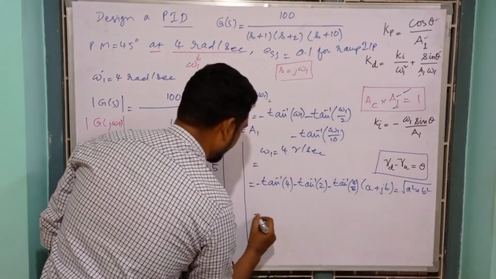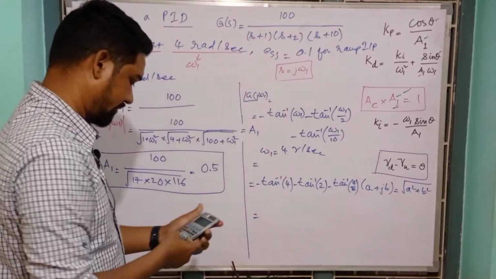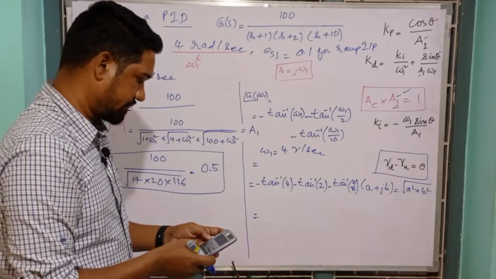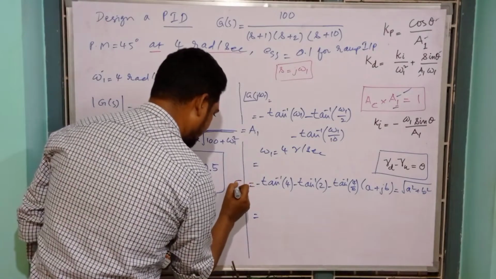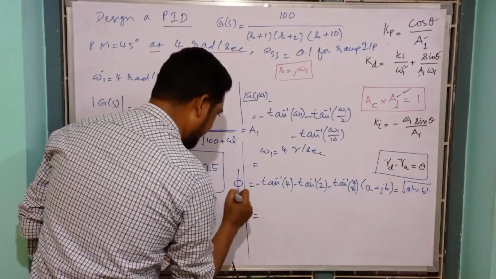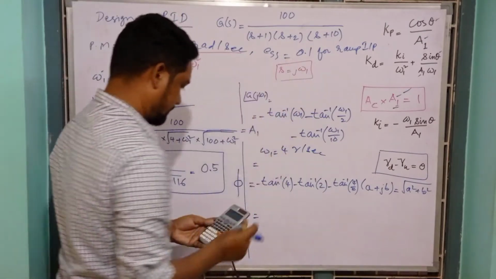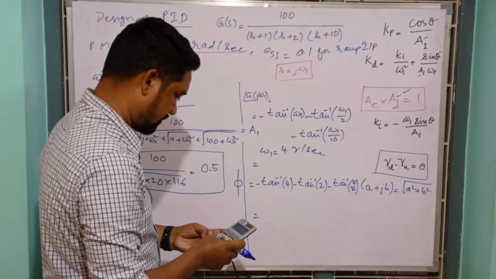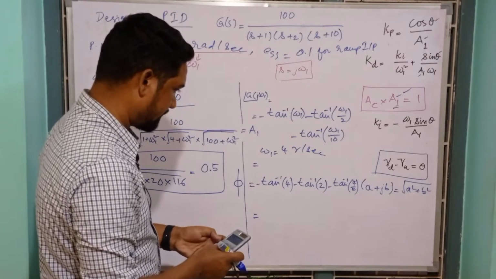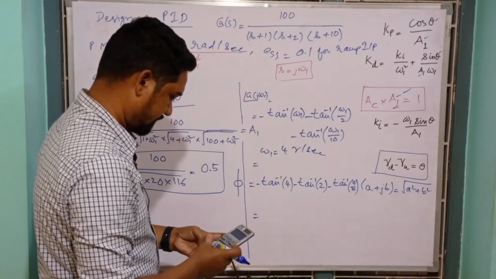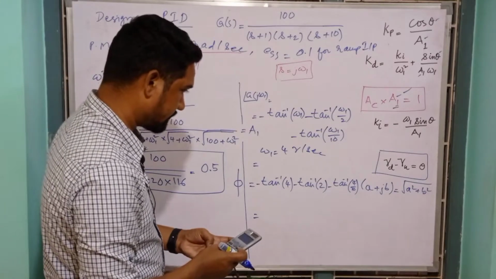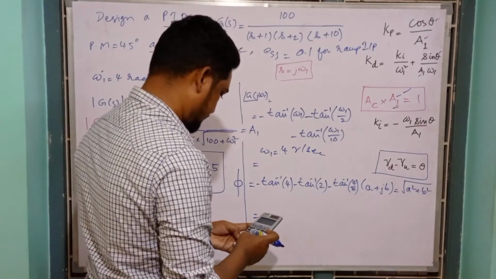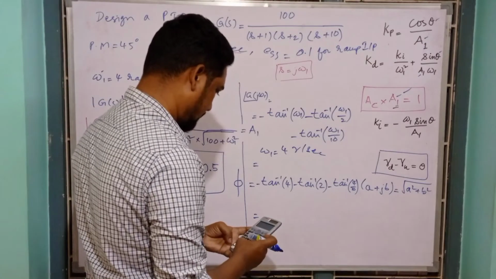So evaluating this value, what do we have? Minus of tan inverse 4 minus tan inverse 2 minus tan inverse 4 divided by 10. This is only for phase angle phi at omega 1.